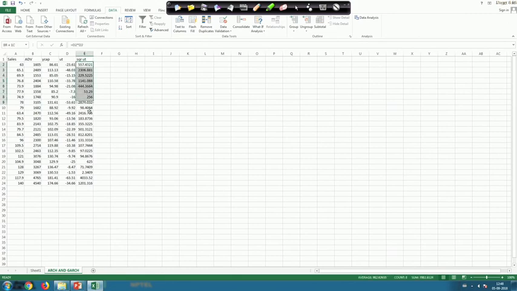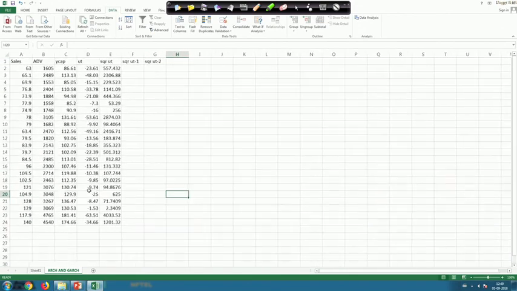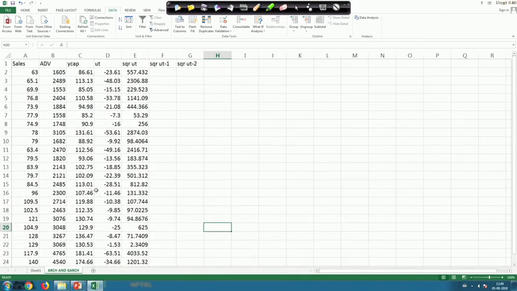Then we create the lag of square ut, that is sqr ut minus 1. This is the first lag, and likewise you can go to sqr ut minus 2. I will enlarge the view a little bit, that is square ut minus 2.